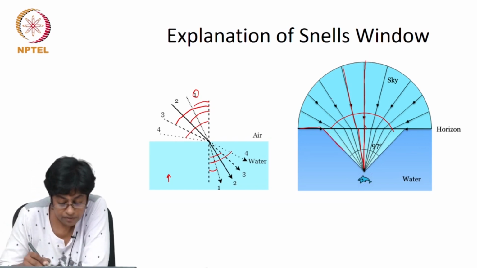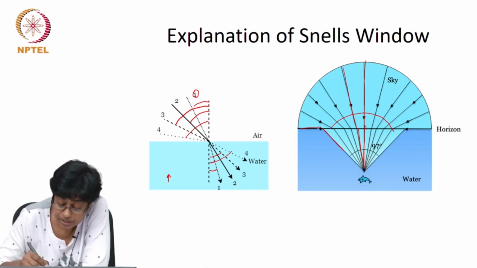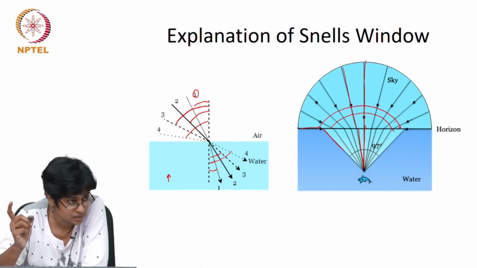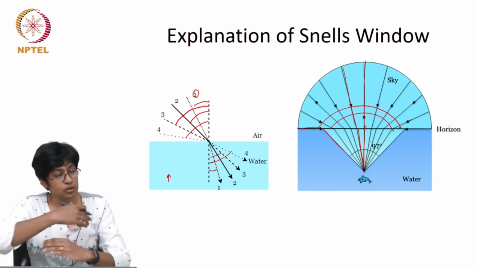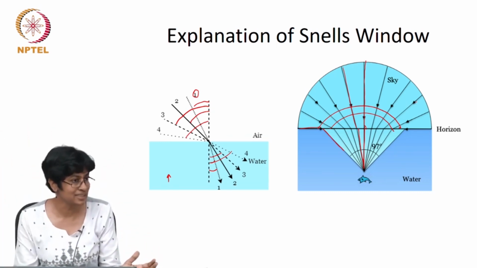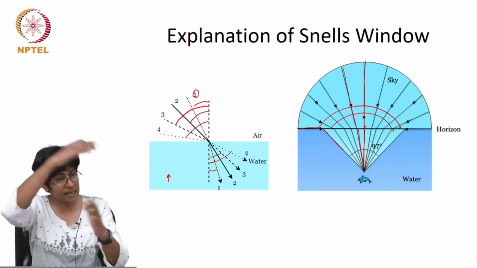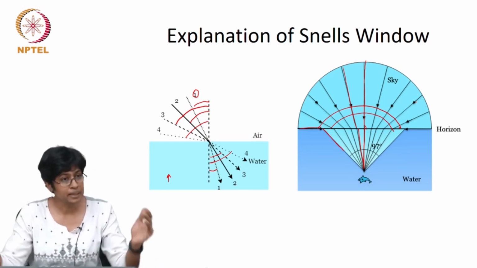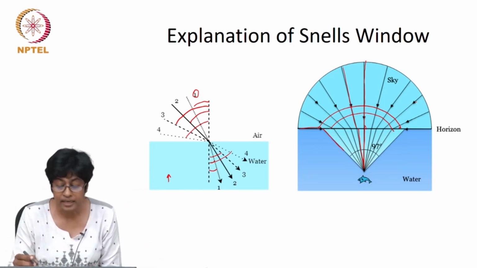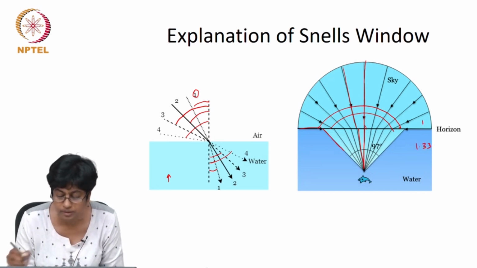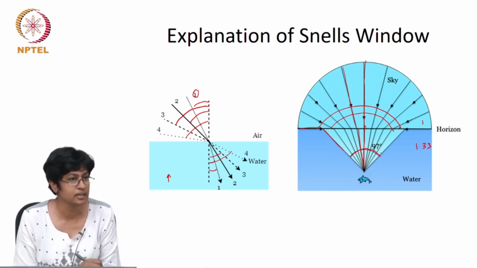Now, I cannot have an angle greater than 90 degrees, so I am capturing all of the light. I'm not losing any of the image. But the entire object that was spread across 180 degrees in air is now bent as it enters the water. If I assume this as refractive index 1 and this is 1.33, I have a 97-degree cone over here.